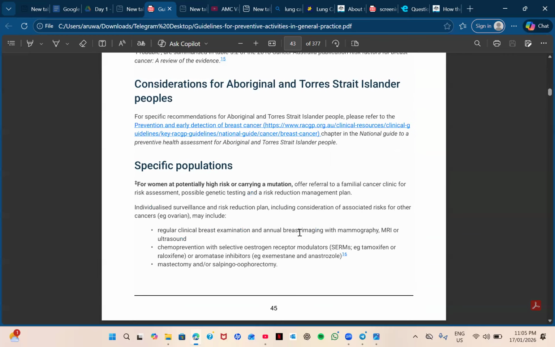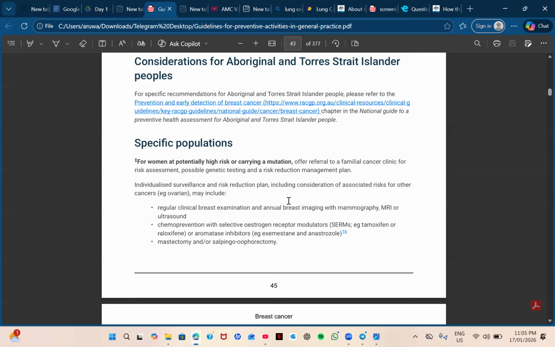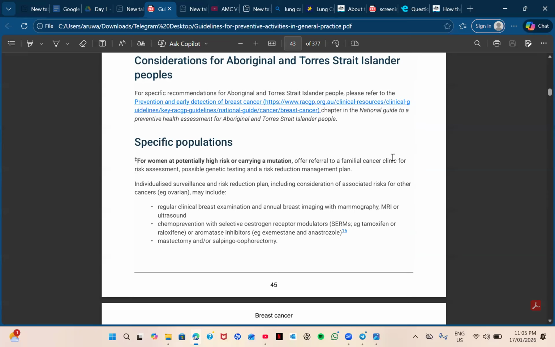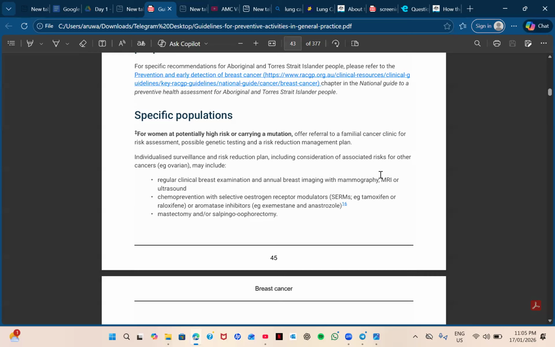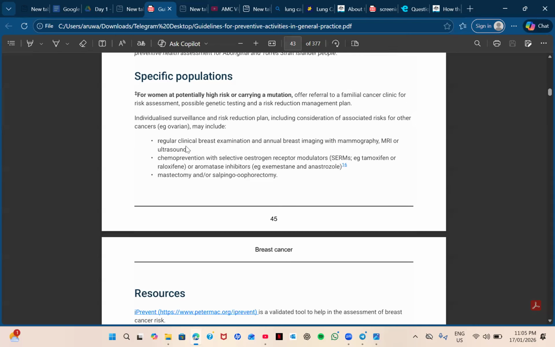Okay, specific population. For women at potential high risk of carrying a mutation, the high risk group, offer referral to a family cancer clinic for risk assessment, possible genetic testing, and a risk reduction management plan. An individualized surveillance and risk reduction plan may include a regular clinical breast examination and annual breast imaging with mammography, MRI, or ultrasound.